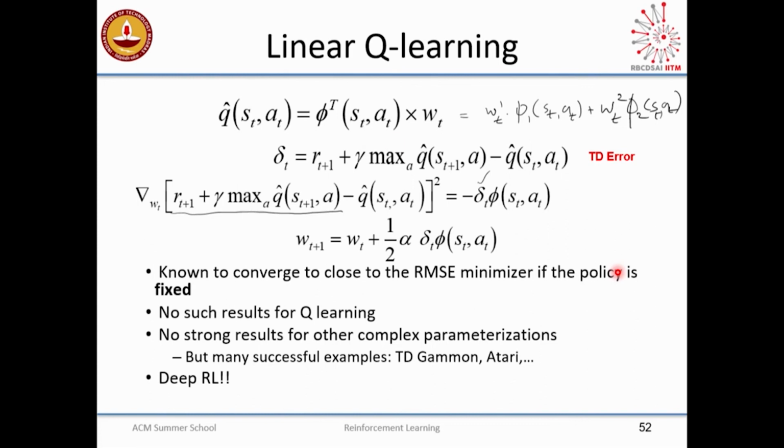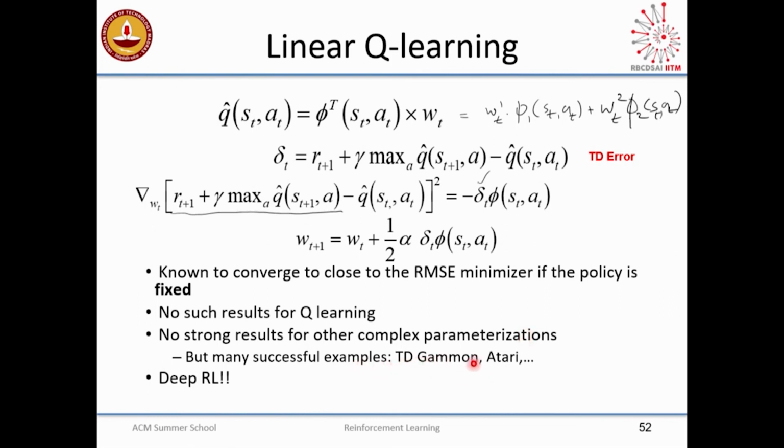That means no max. Then it will converge to q pi. But there are no such results for Q-learning. Once I start putting in the max here, I have no guarantees of convergence. And if you use anything other than linear parameterization, we have no theoretical results at all for convergence. But theory be damned, because deep RL works very well.